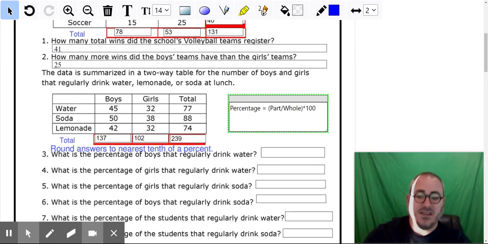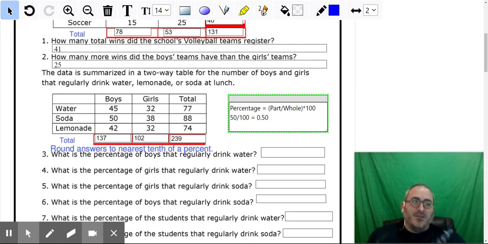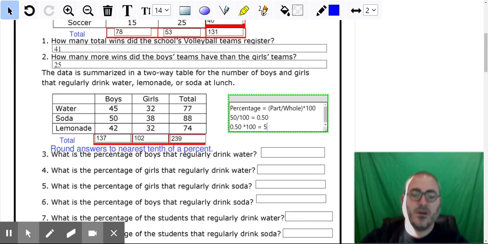If the part was 50 and the whole was 100, hopefully you all know that would be 50%. So if I just do 50 divided by 100, what do I get? I get 0.5. So I would then need to multiply 0.50 by 100 in order for it to be 50%. So you see why that works?